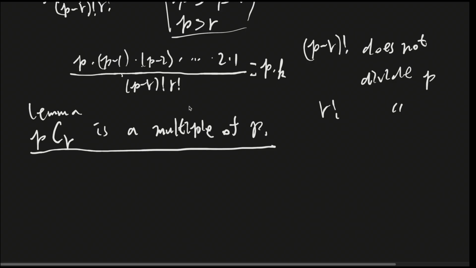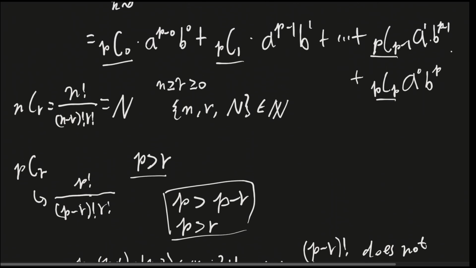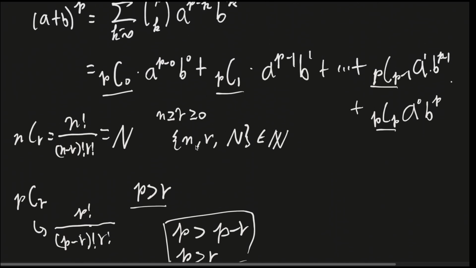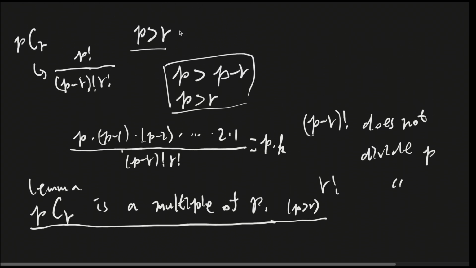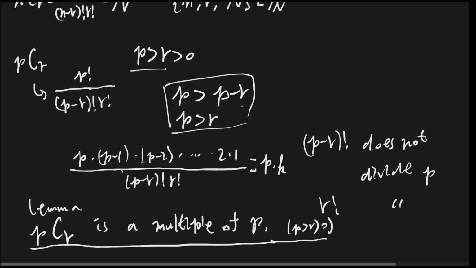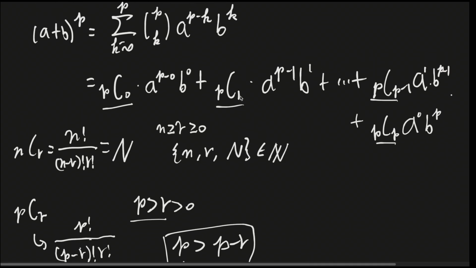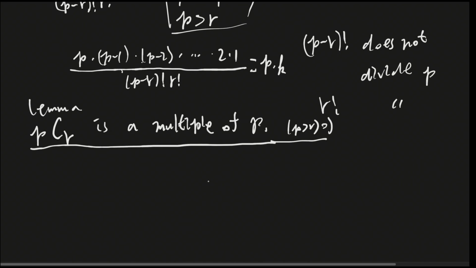But our condition here is that P is greater than R. So in this case, this is true. Let's get back to the binomial expansion right here. If P and R are both greater than 0, and P is greater than R, then we can do a very interesting thing here.